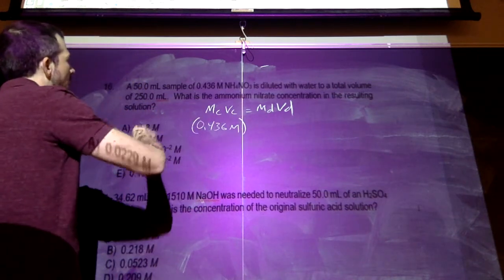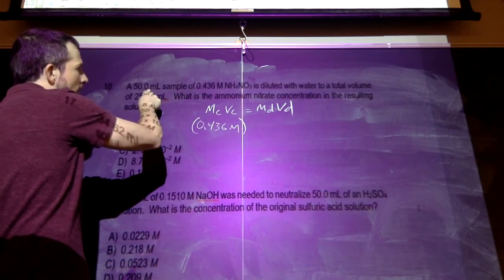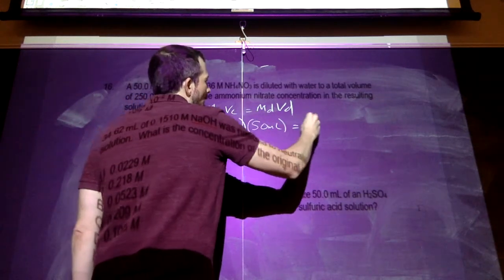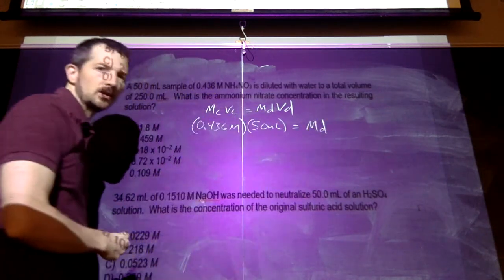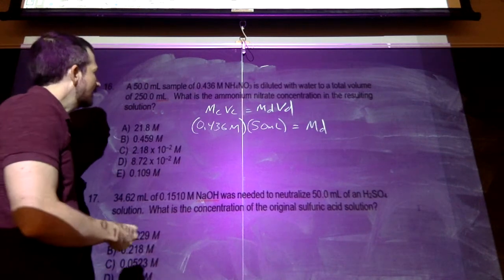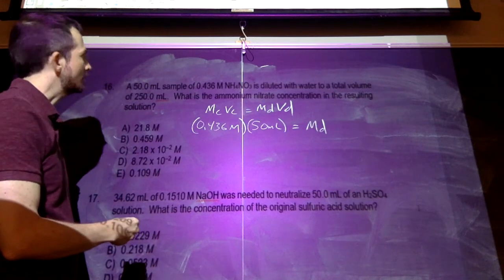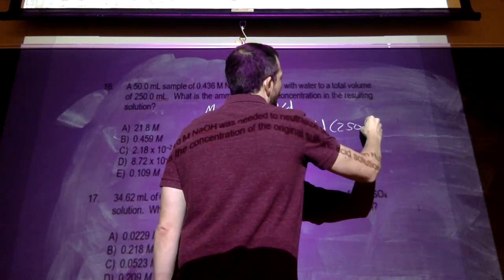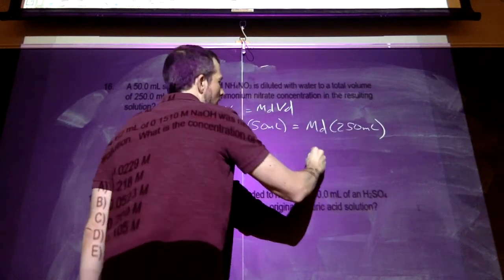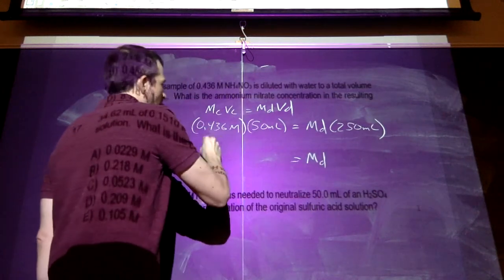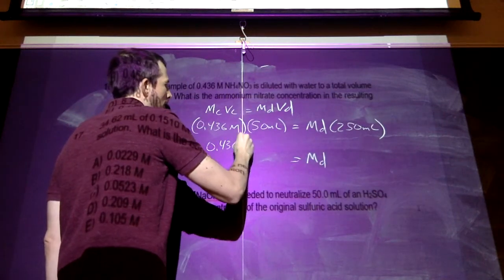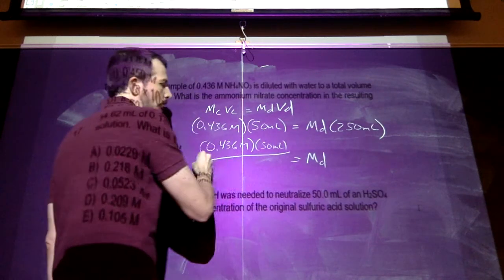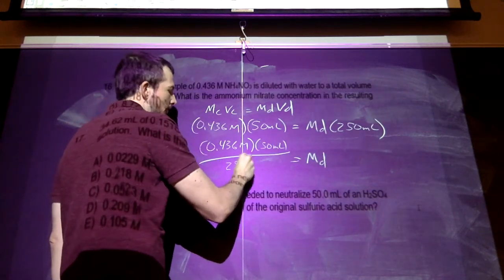My volume of that concentrated solution is 50 milliliters. I want to find my molarity of my dilute solution if I add enough water to make a total volume of 250 milliliters. Solve for molarity of your dilute solution.